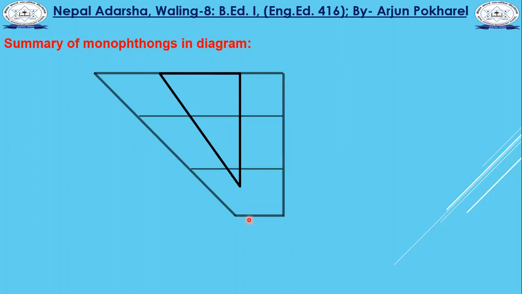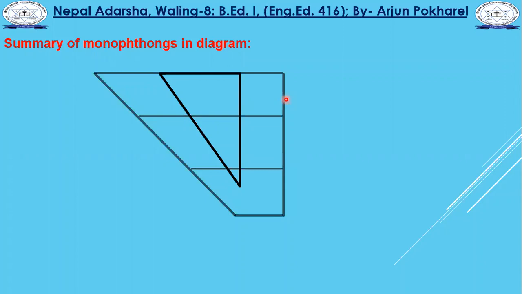If it is 3 centimeters, this part needs to be 3 centimeters as well. In this way you can prepare this diagram, which shows the English monophthongs.